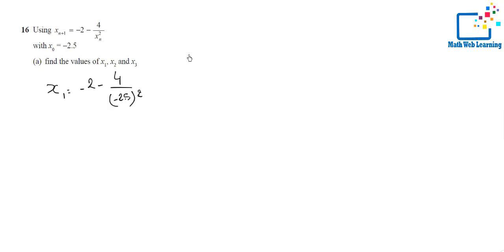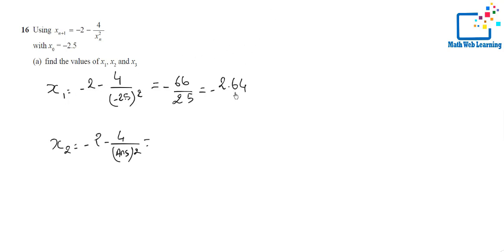So go ahead and do that. The answer to x1 is negative 2.64. For the next value, while you still have this calculation typed in your calculator, just replace that value by the answer, and that will automatically and quickly give you the next iteration.